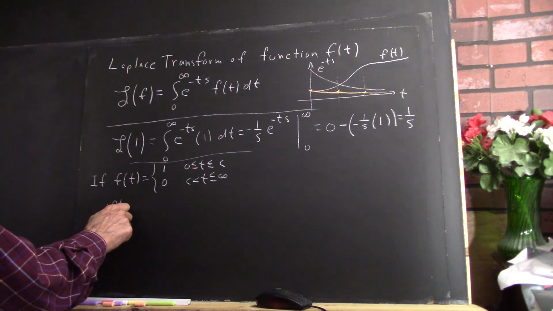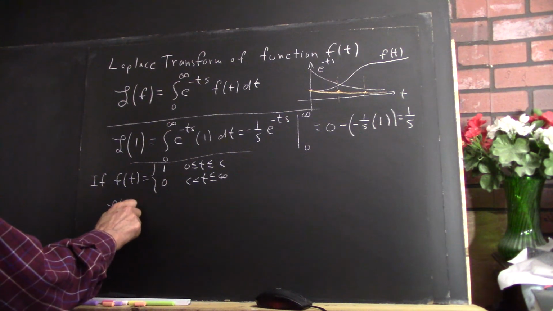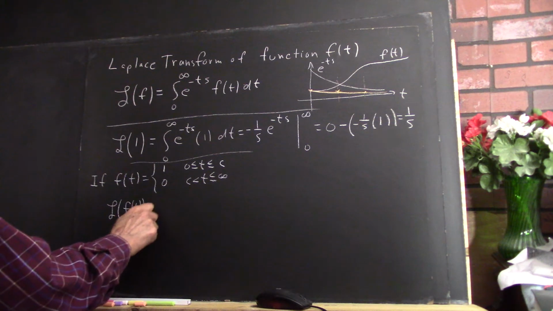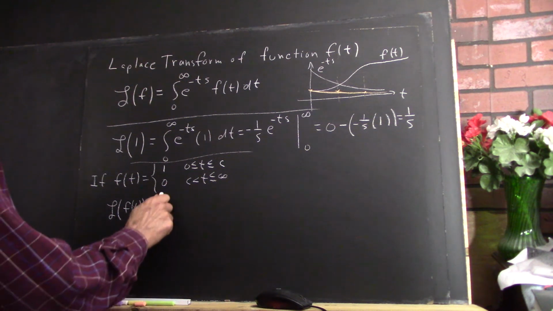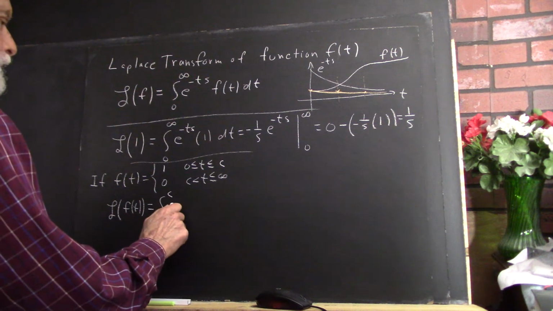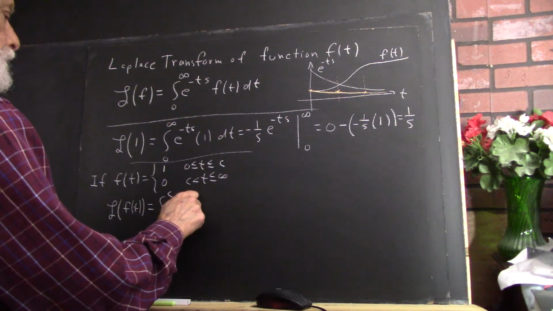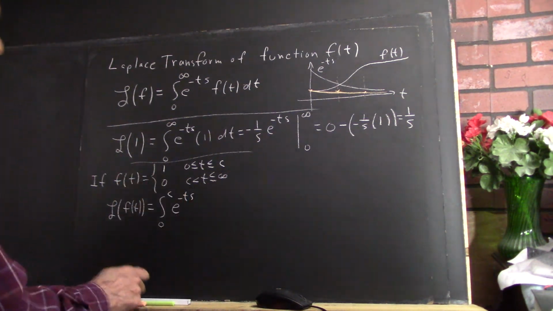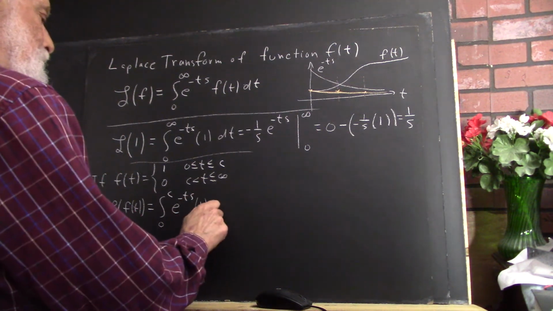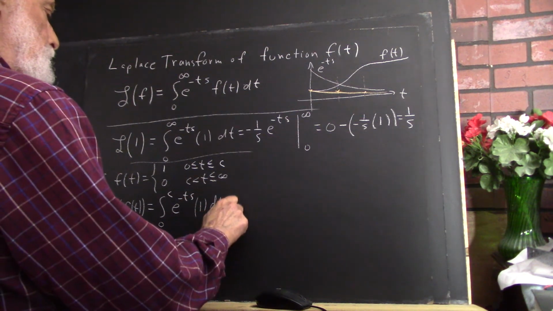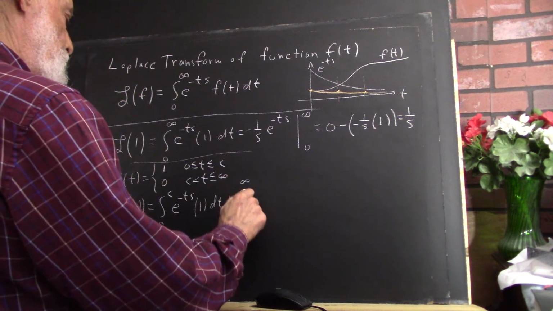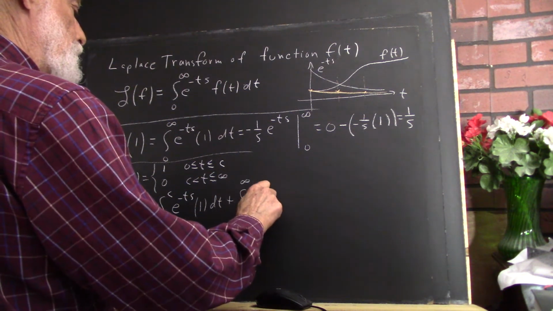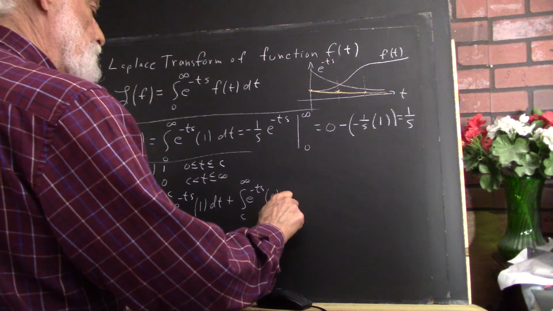Well then, L of f of t equals the integral from 0 to c of e to the negative ts times 1, and then the integral from c to infinity of e to the negative ts multiplied by 0.